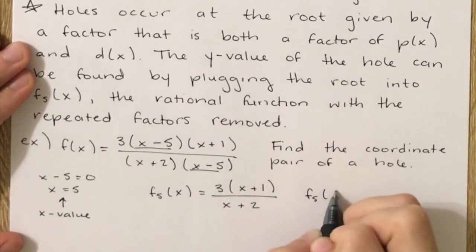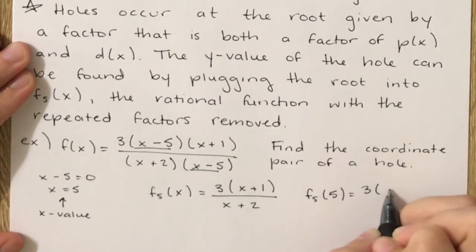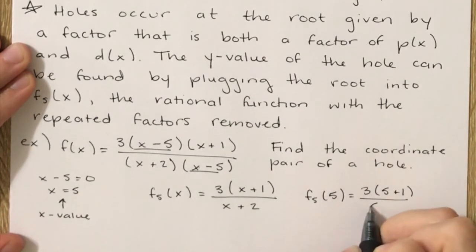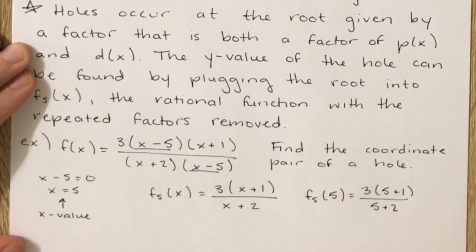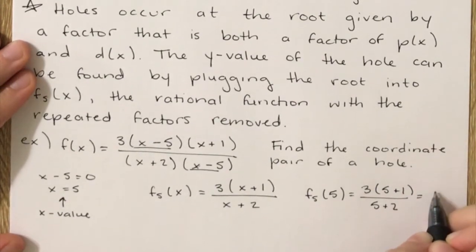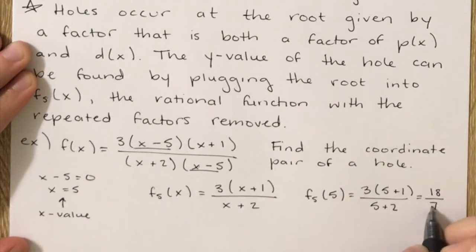F sub s of 5 gives us 3 times (5 plus 1) over (5 plus 2). So 3 times 6 gives us 18 over 5 plus 2 gives us 7.